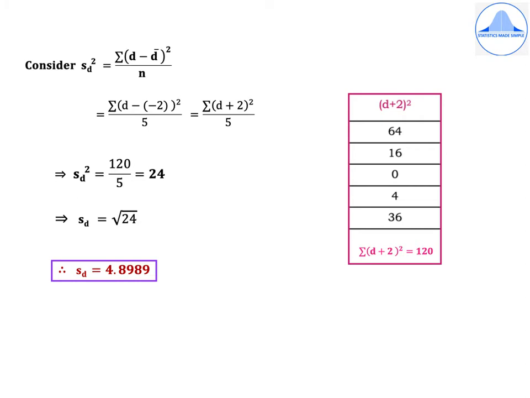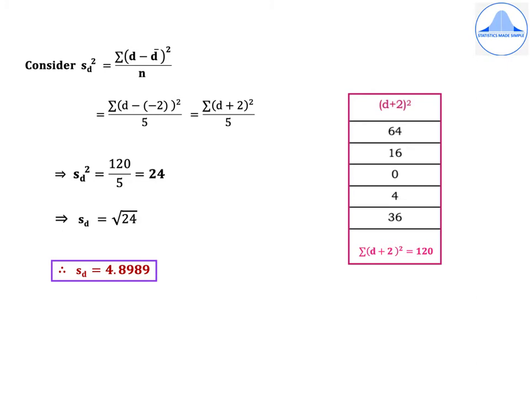Let us now calculate SD square, which is equal to summation d minus d bar the whole square divided by n, which is equal to summation d minus of minus 2 the whole square divided by 5, which is equal to summation d plus 2 whole square divided by 5. Let us form a column which is d plus 2 the whole square. So take the first value of d, which is minus 10.